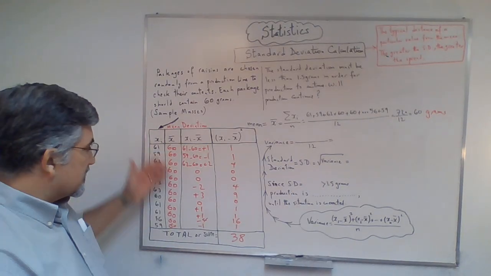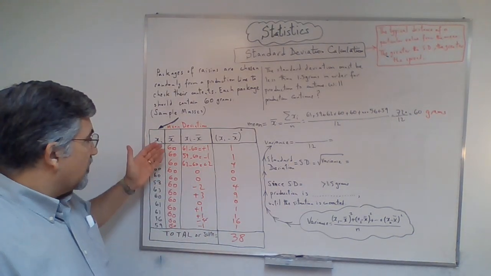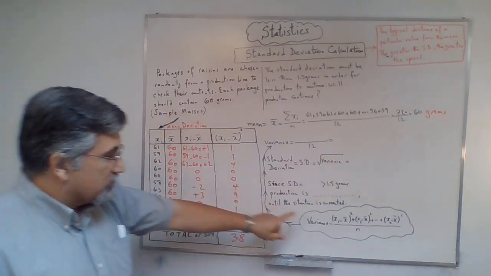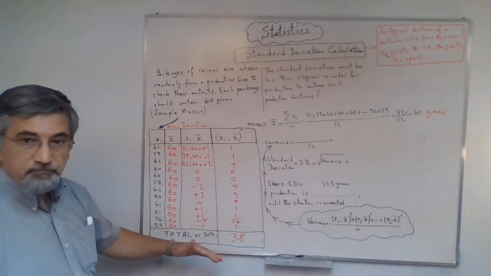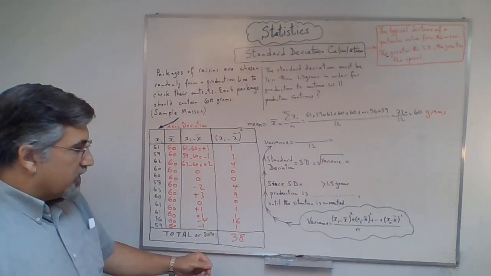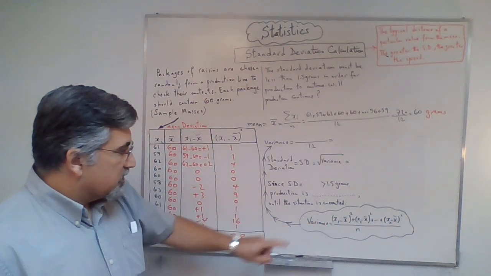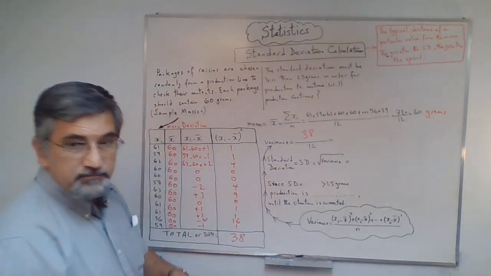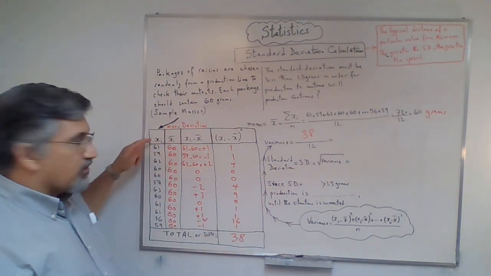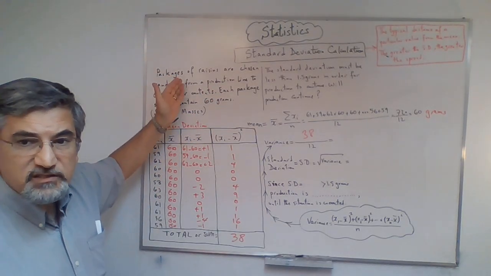So in this easy tabular method, we found the sum of the squares of the deviations, basically. That's what we did. So that's 38. Now that we have the numerator, we can write it down, and the denominator is n. So n is the number of data values, which was 12 in this case because we had 12 packages of raisins.